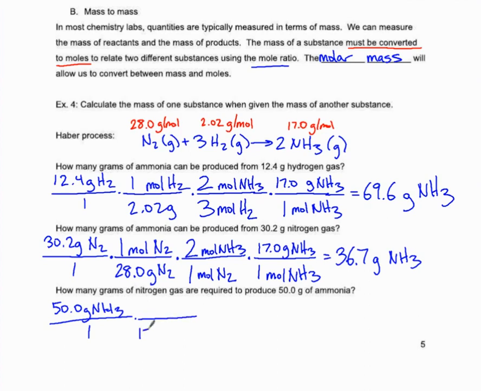First step, use the molar mass to convert grams to moles. 17 grams per 1 mole of ammonia. The next step is our mole ratio step, and we're going to compare moles of ammonia with moles of nitrogen.